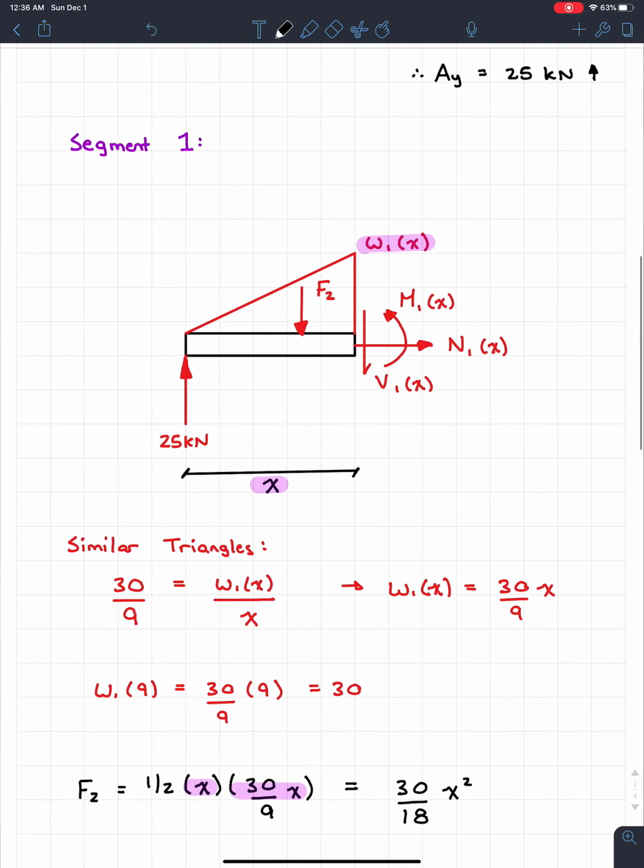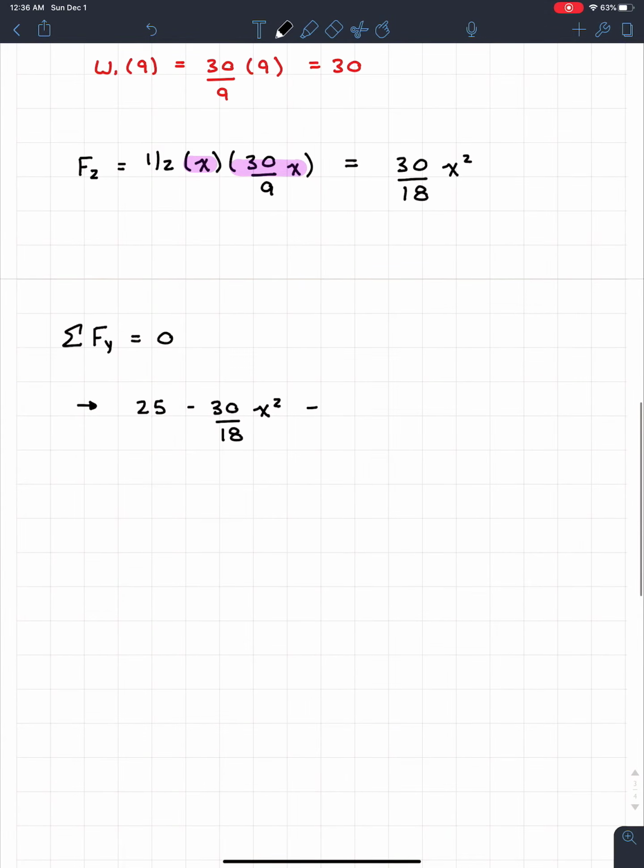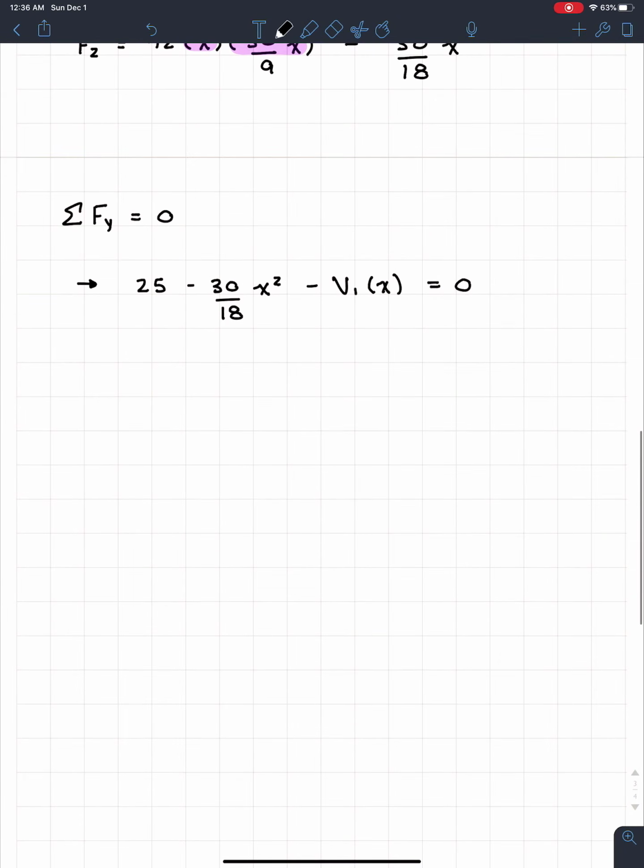And finally, at the end of the beam, we have a shear force also going downwards, so minus V1 of x. Since it's in equilibrium, everything must be equal to 0. And we can solve for V1 of x using this.